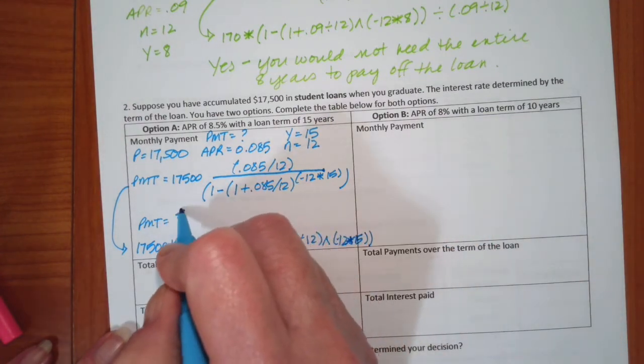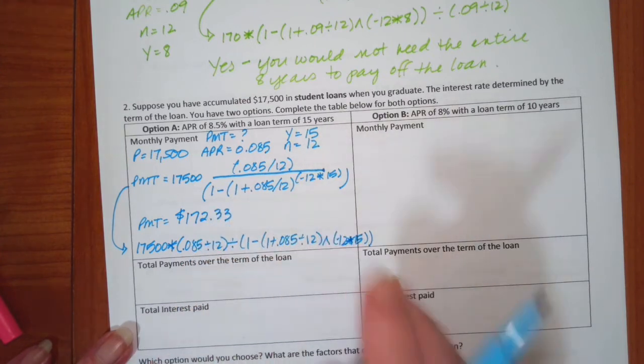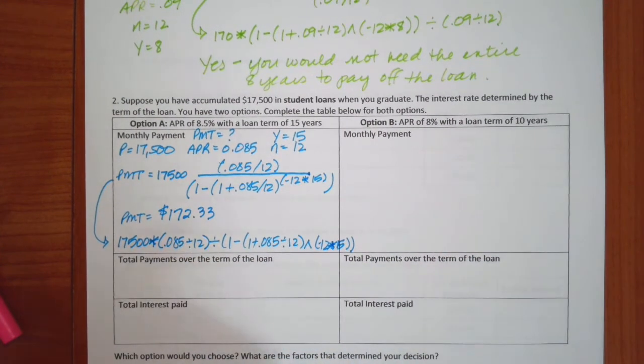And the payment turns out to be $172.33. So you would pay $172.33 for this loan every month for 15 years.